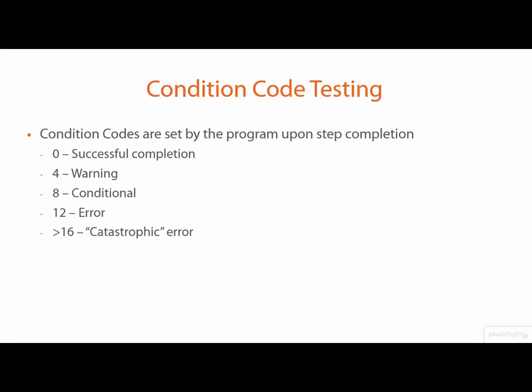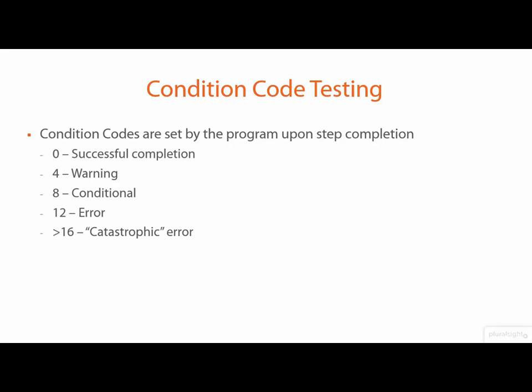Catastrophic in this case is probably a bit melodramatic, but what it means is that the error was so severe that the program had no choice except to terminate because the request could not be fulfilled at all. In other words, the request was simply impossible to complete. Normally, catastrophic errors are very, very rare.